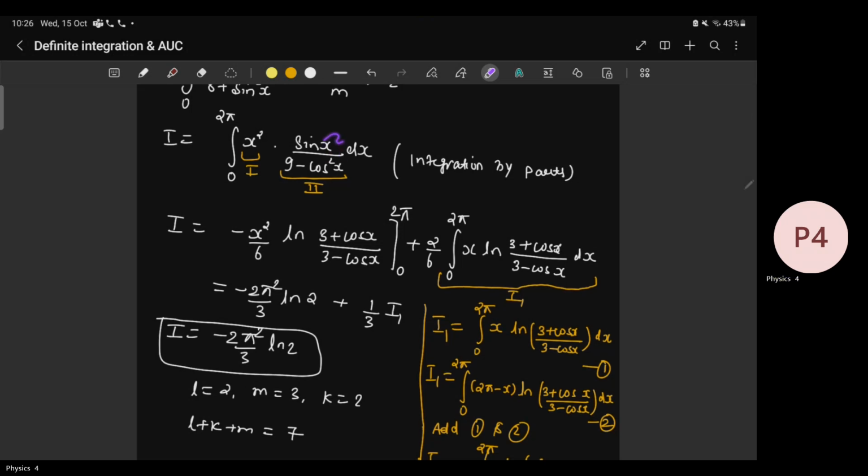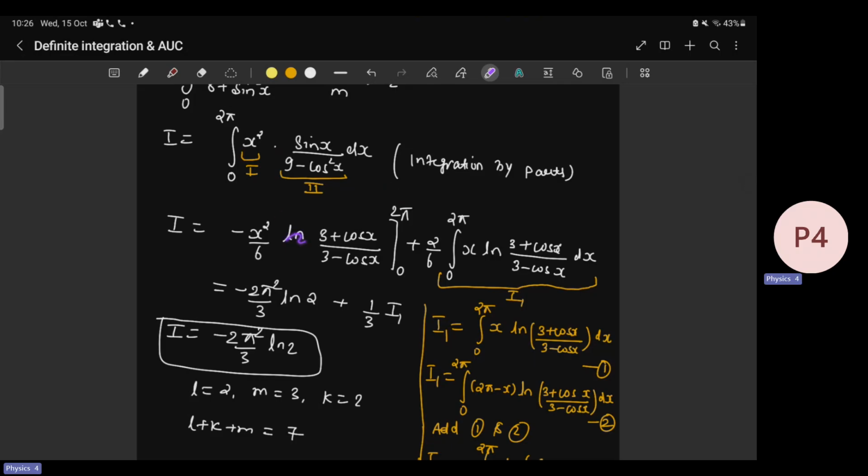So we have to find the integration of this, which can be easily found out. Suppose cos x is t, then sin x dx is dt. So this will become dt upon 3 square minus t square, which we used in the previous question, the formula for integration of dx upon a square minus x square.